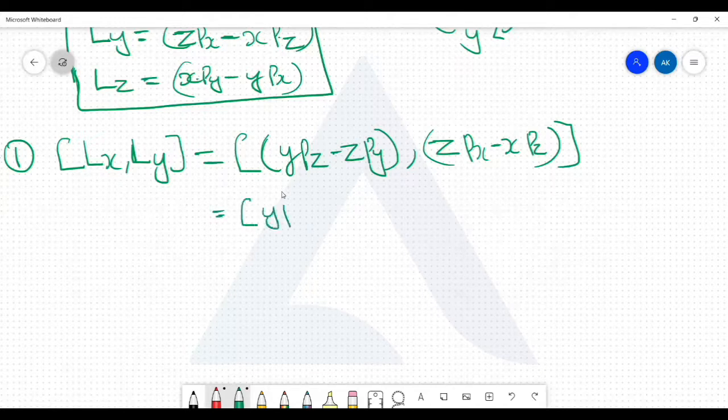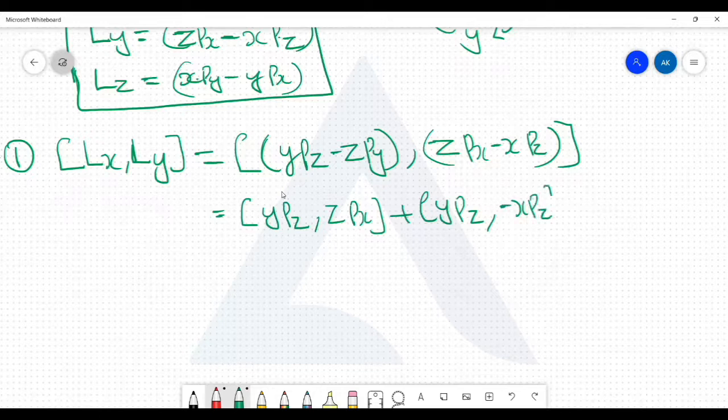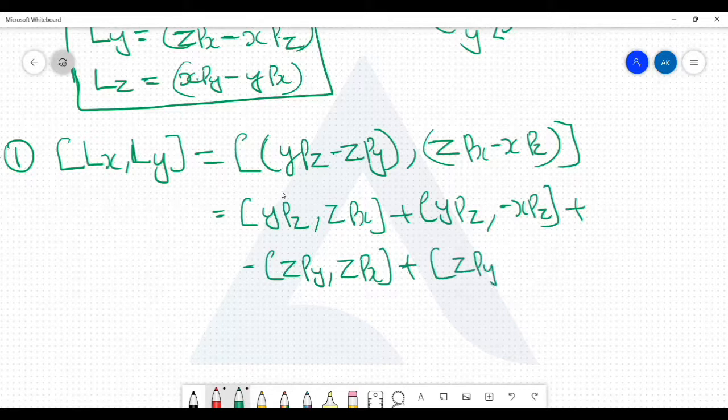You should have ypz commutator with zpx, plus ypz commutator with minus xpz, plus here you have minus, therefore minus zpy commutator with zpx, minus minus, you again get plus, zpy with xpz.